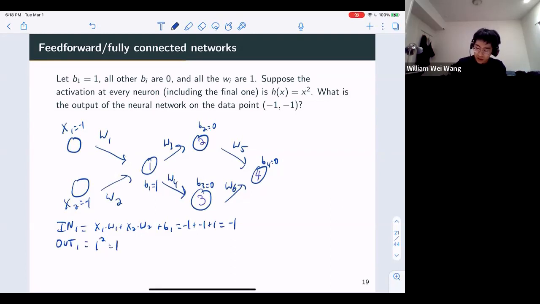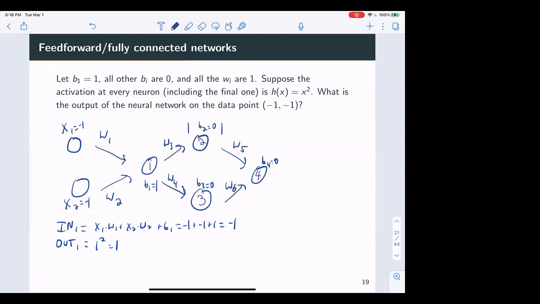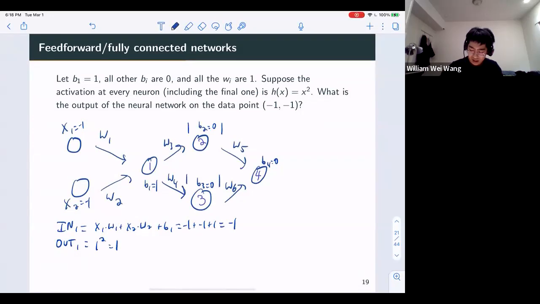Now I'm just going to write down these inputs to the left of the neurons and the outputs to the right of the neurons, and I hope it makes sense. Here, the input to neuron 2 is the output of this one times W3 plus the bias term. These bias terms are conveniently 0, so it's going to be 1 times 1, and the output is going to be 1. It's going to be the same for this guy.